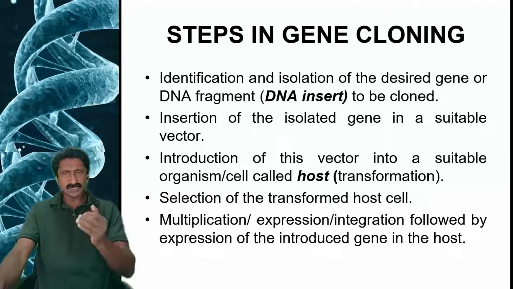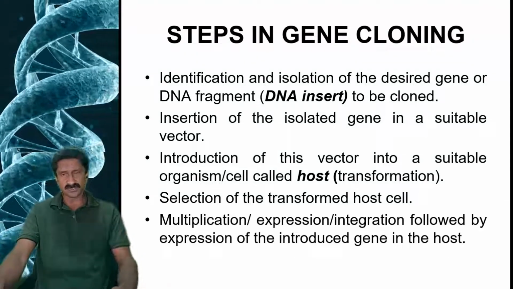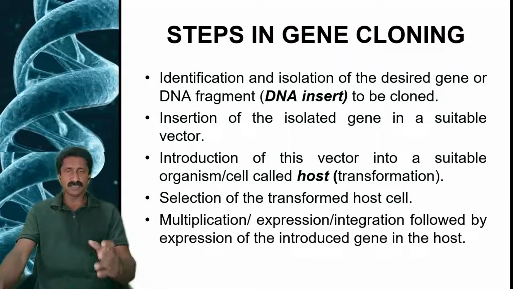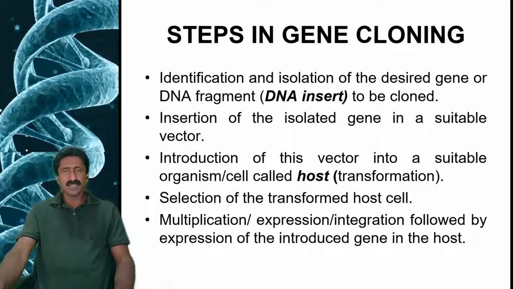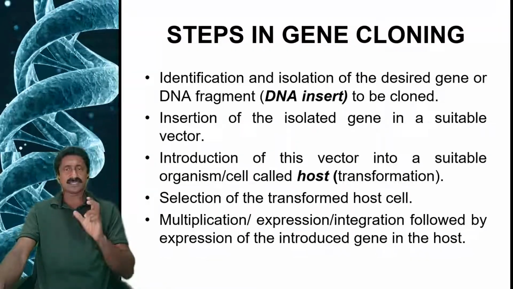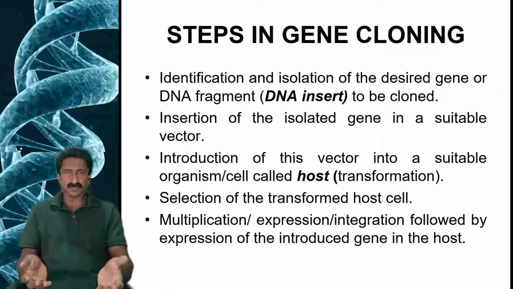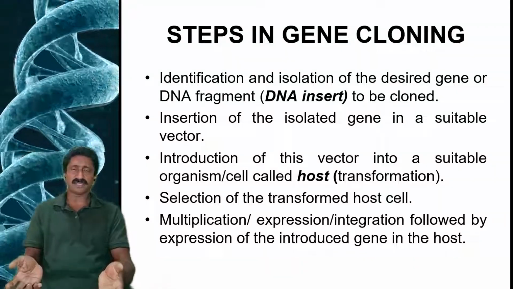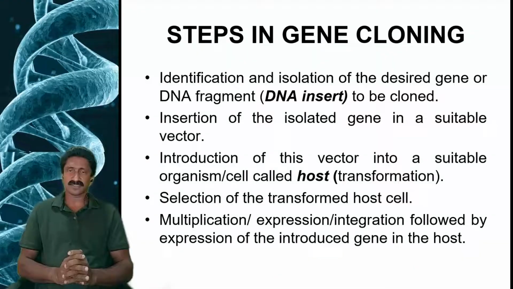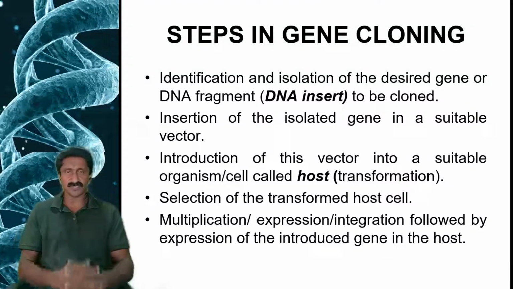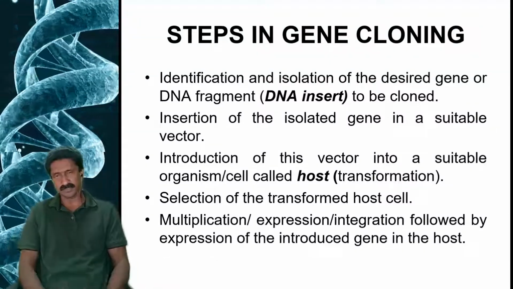Then comes the introduction of this vector into a suitable host, for example, an E. coli cell. And that will act as a host for the amplification of the DNA construct, or the multiplication of the DNA construct, and also for the expression of the concerned protein if it is an expression protein.